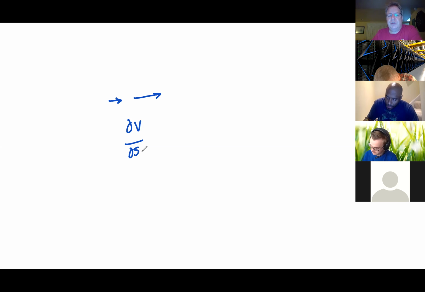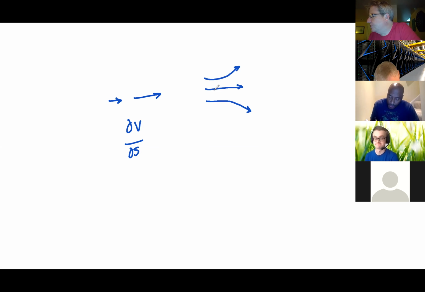So diffluence, though, is if I have air that's doing this. Do you agree that this is flowing apart, even if the velocities are the same? What I have here is the directions are all the same.